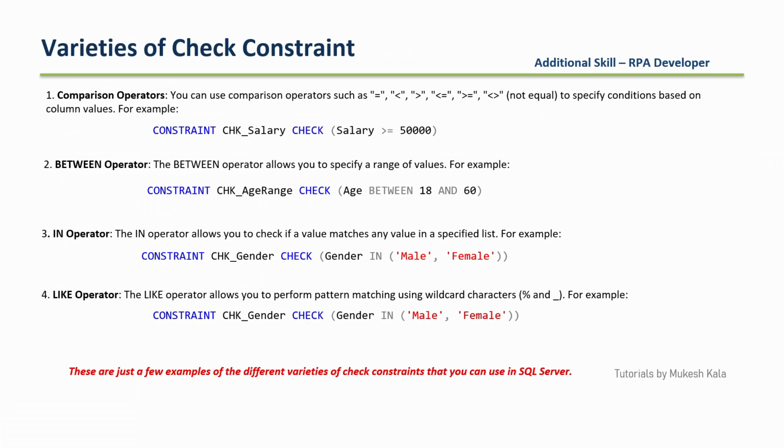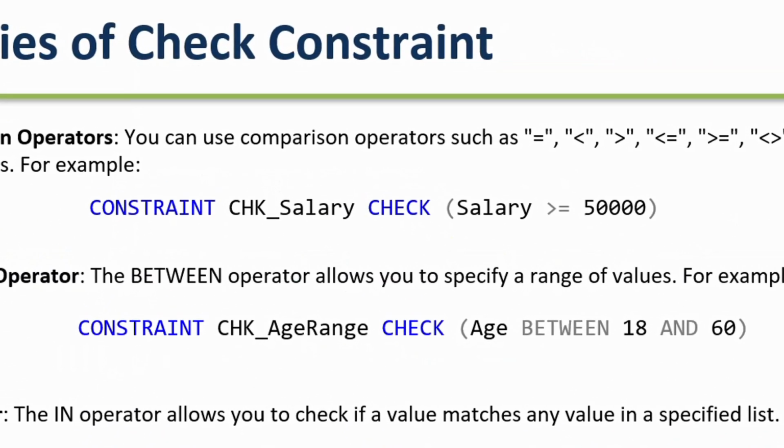Not only a single condition, but you can use a couple of operators in the check constraint. To give an example, let's say you have a table of employee and it has a column called salary. Now I want to check that the salary should be greater than or equal to some value. So I can use the comparison operators.